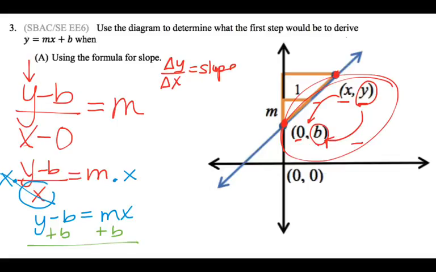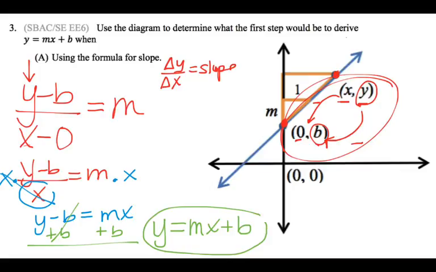When I add a b to both sides, my b's cancel, and I'm left with y equals. Now, mx is not like b, so I cannot add them, but I can rewrite it as an expression, y equals mx plus b. So this is how you prove that the information on this graph, the basic variable ordered pairs, can actually be manipulated into the slope-intercept form equation.